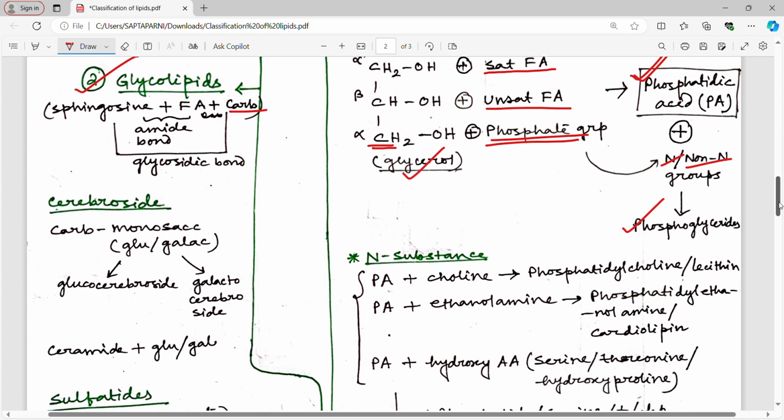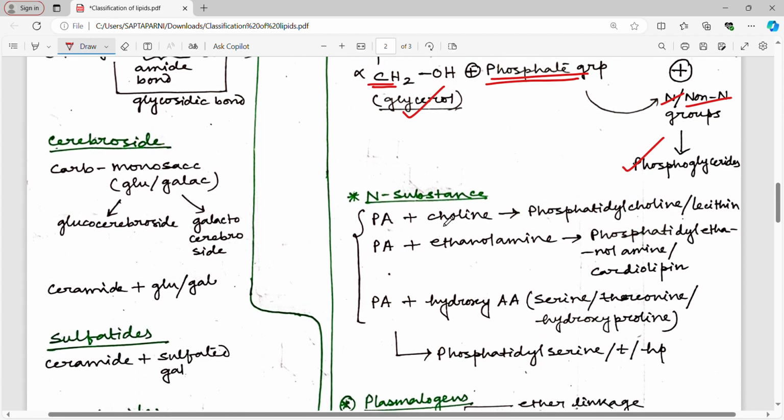Now let's take a look at what kind of nitrogenous substance could be attached to phosphatidic acid. When phosphatidic acid binds with choline, we get phosphatidylcholine or lecithin. Choline is a nitrogenous substance. When phosphatidic acid reacts with ethanolamine, which is also a nitrogenous substance, it forms phosphatidylethanolamine, or another name is cephalin.